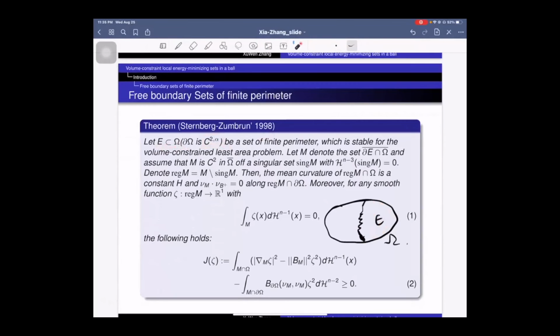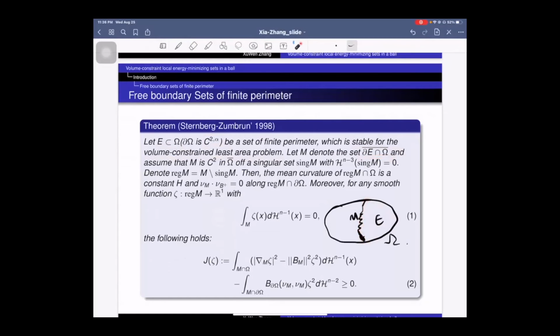Then, if E is stable for the volume-constrained perimeter problem, or we can say E is a locally volume-constrained perimeter minimizer, and with that M denotes the closure of partial E in omega, so the boundary part is involved.